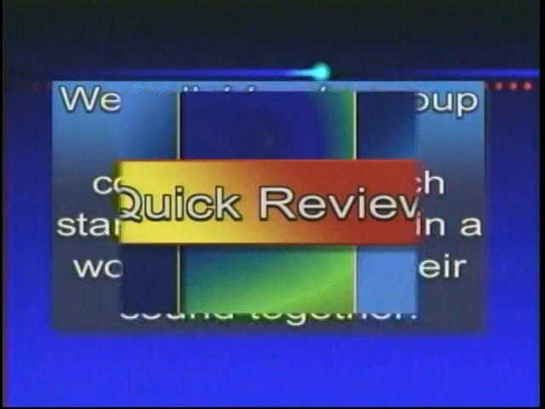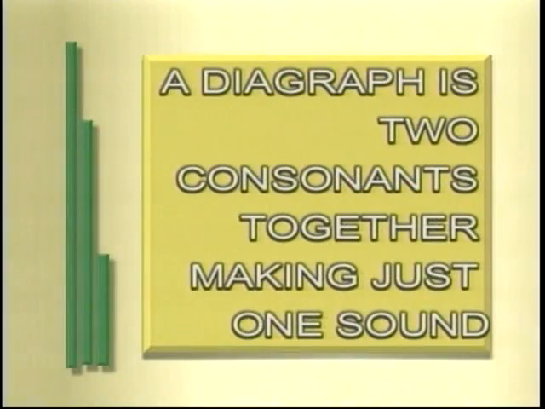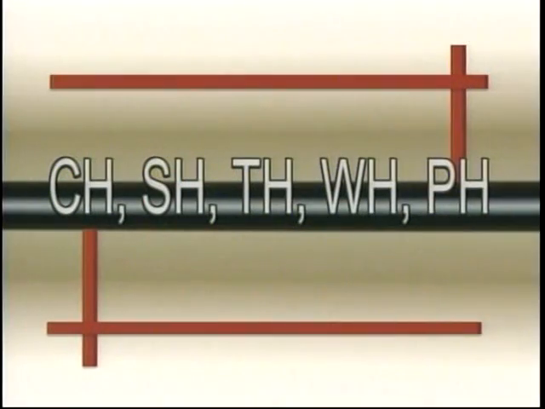We call blend a group of two or more consonants which stand side by side in a word and blend their sound together. A digraph is two consonants together making just one sound. The most common digraphs are CH, ch, SH, sh, TH, th, WH, wh, and PH, f.